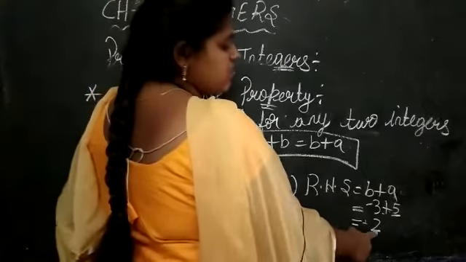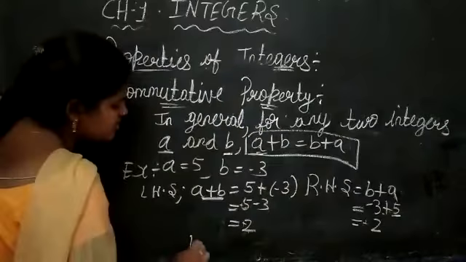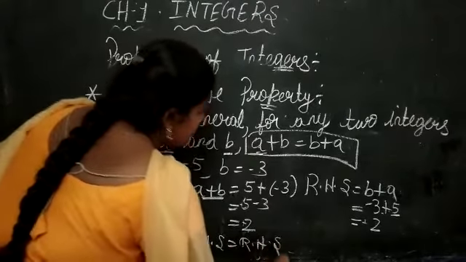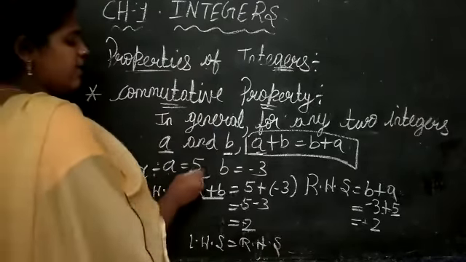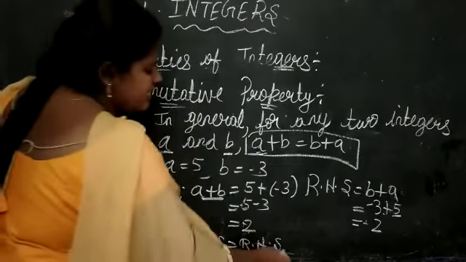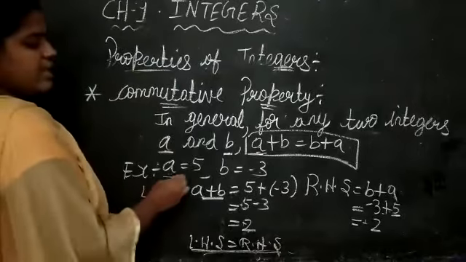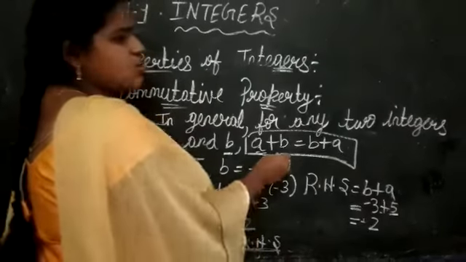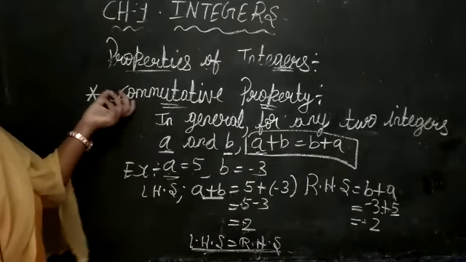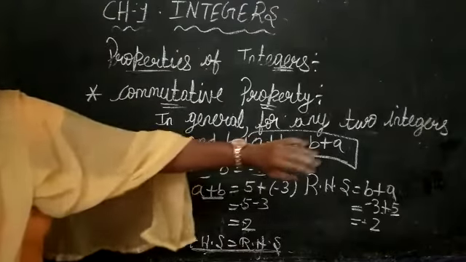So LHS equals RHS, and for a value 5 and b value minus 3, the property is satisfied. Even if you change the order, you should get LHS equal to RHS. This is the property rule: a plus b equals b plus a. Thank you.